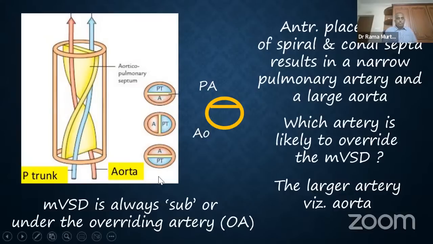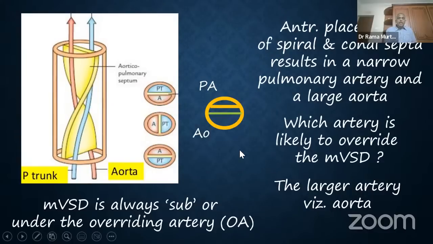So therefore, you will see that the interventricular septum, as you see from the truncus above, is displaced anteriorly, giving rise to a narrow pulmonary artery, a larger aorta, and the aorta begins to override the crest of the malalignment VSD, right? So therefore, here with an anterior displacement, you get a smaller pulmonary artery and a larger artery, which is the aorta.